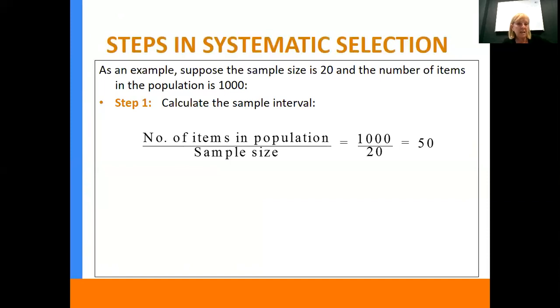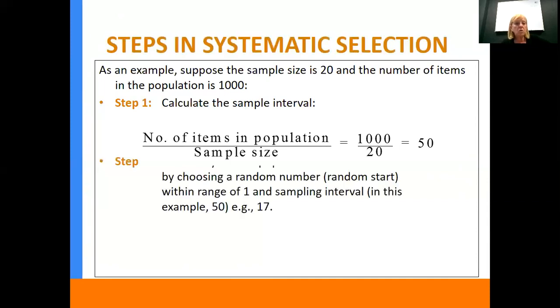Now, that might not sound very random to you, but it is, because I choose the starting point randomly. So I will choose a random start, and again, I've got to do it using a random number table or something else, and I've got to choose a number between 1 and the sampling interval.